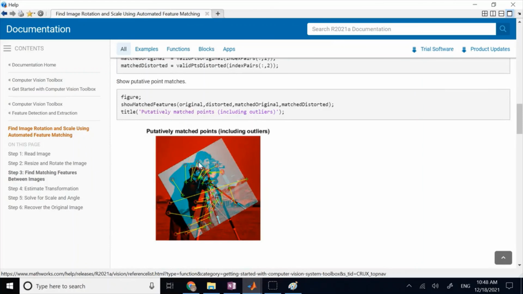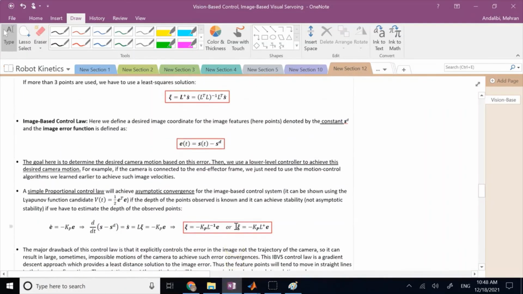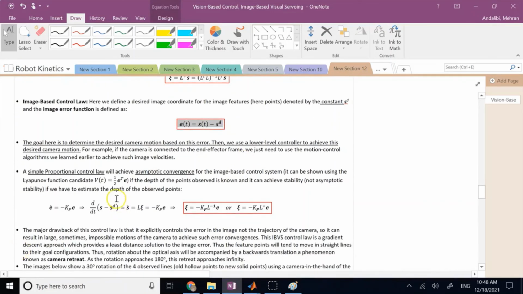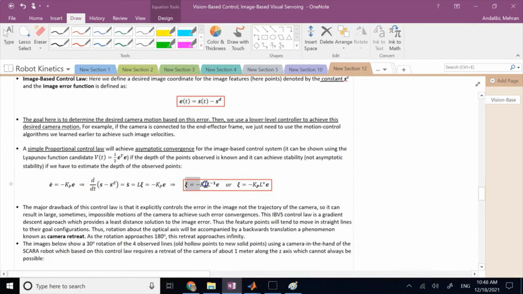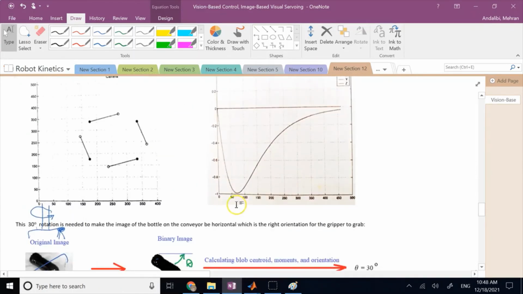One of them is going to be the actual position s, and the other one is going to be s*, the desired position of that feature point. And then using that, in our next video, we'll see how we form an error in the feature location, and then how we design a control law on how to move the end effector of the robot.